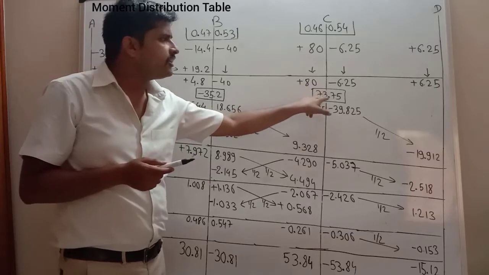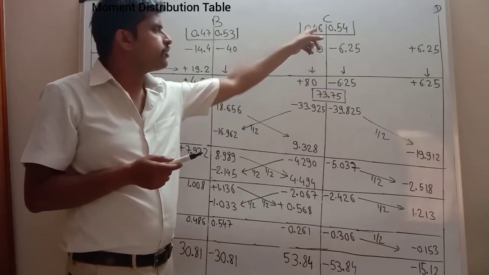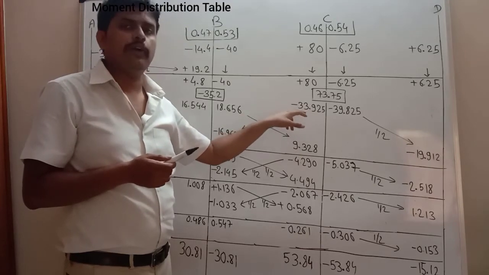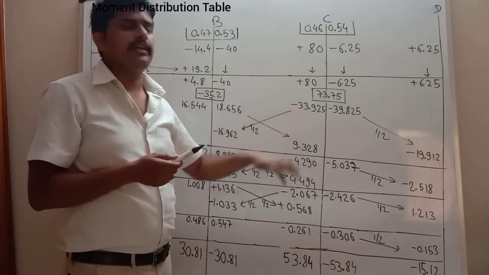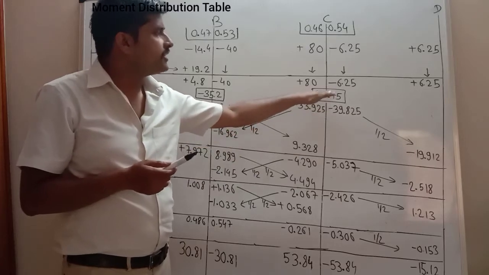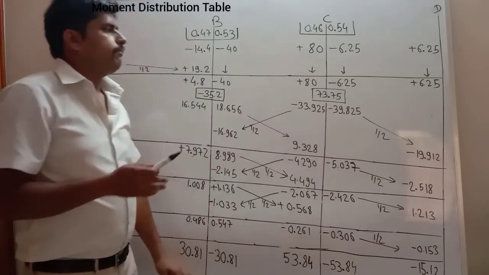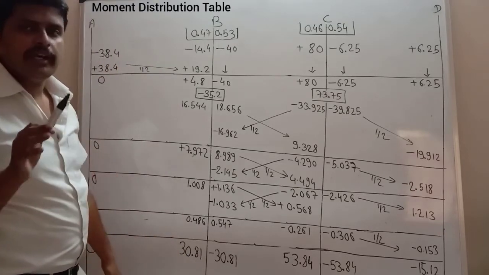Same here, 73.75 multiplied by 0.46, we will get plus 33.925. We will write minus 33.925. Similarly, 73.75 into 0.54, we will get minus 39.825.